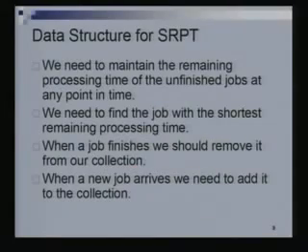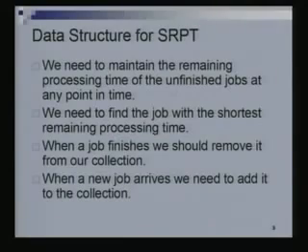But if you were to implement this kind of a policy, what kind of a data structure would you need? That is what we are going to look at. First, we need to maintain the remaining processing time of the unfinished jobs, the jobs that have not been completely finished. They still need to be scheduled for some period of time. We need to maintain that collection.